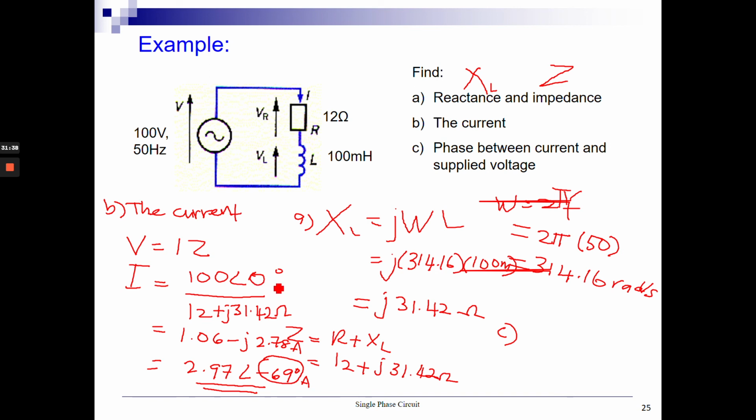So this is your voltage supply and this is your current. So the phase difference between voltage supply and current is 69 degrees. So this is the answer.